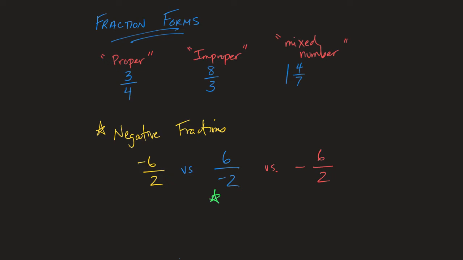So let's say you work through a problem and you get to that blue solution. You have 6/-2. Well, you're obviously going to calculate that to equal -3, so it's not an issue. But what if instead that problem was a 7?